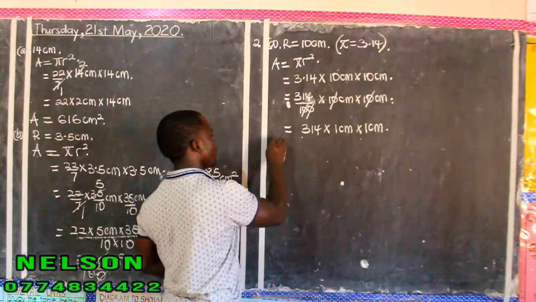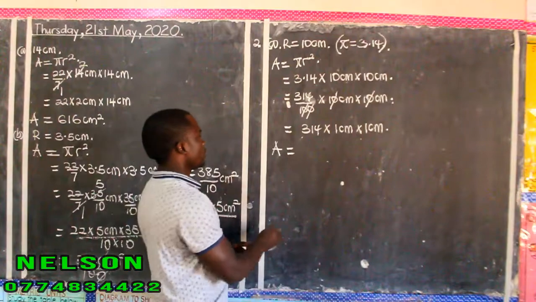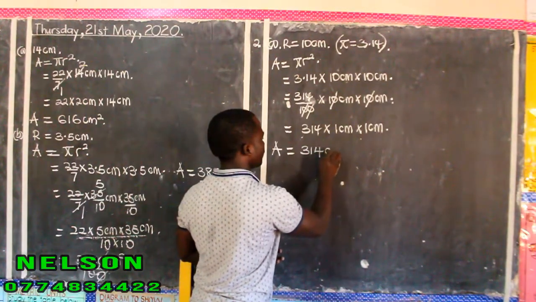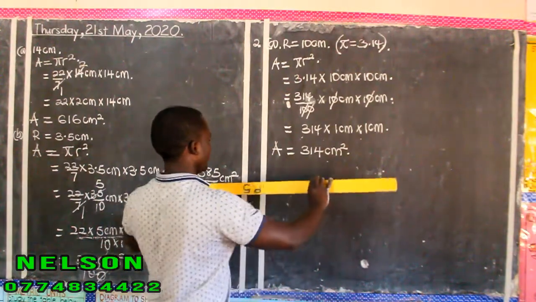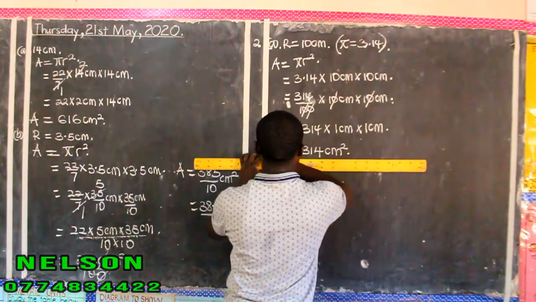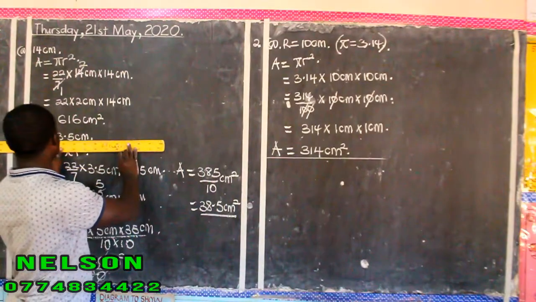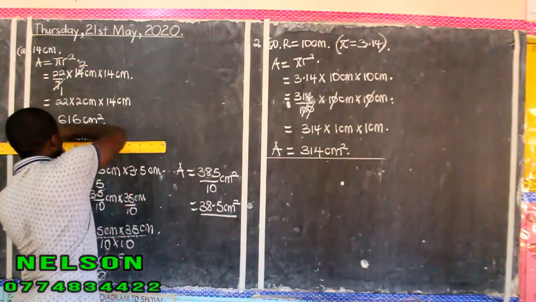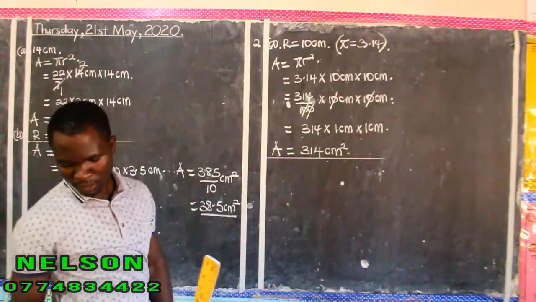And the area of this circle is 314 square centimeters. So this was the answer for number 2A. Okay? Make sure your work is very, very neat.